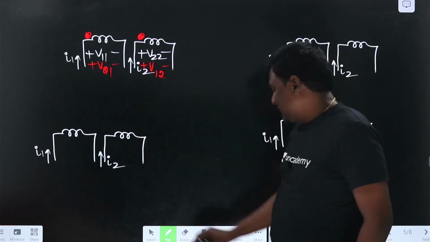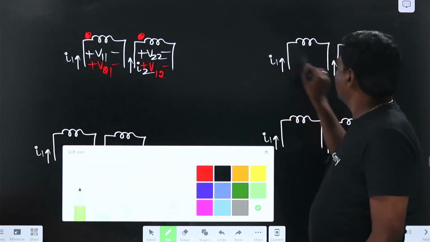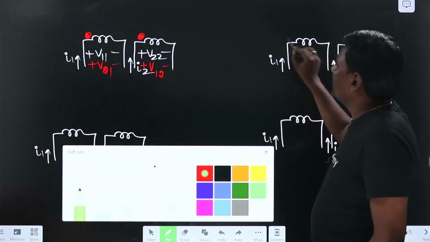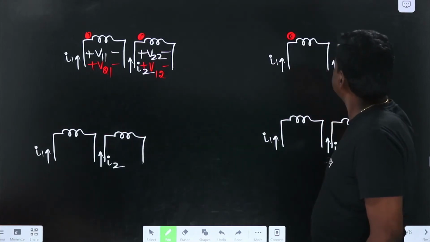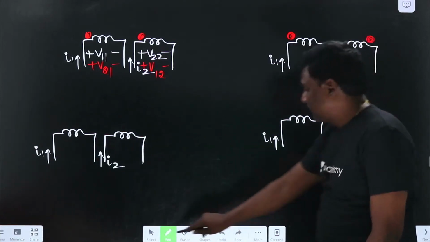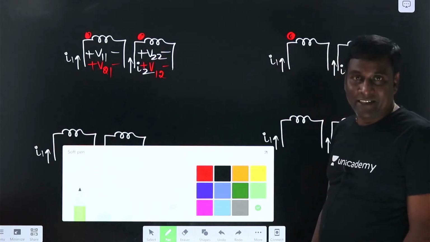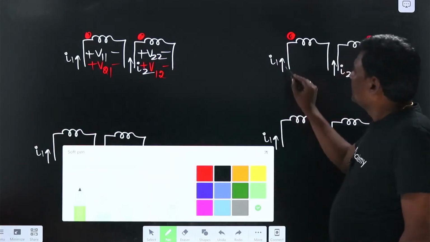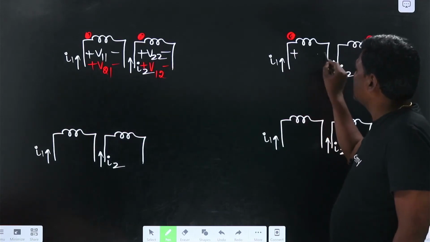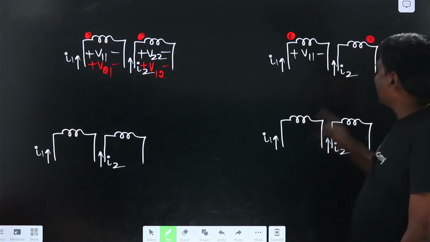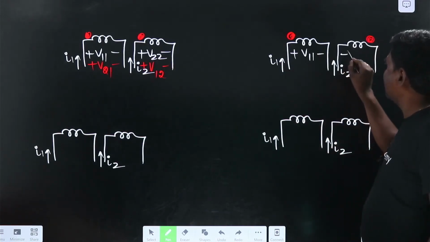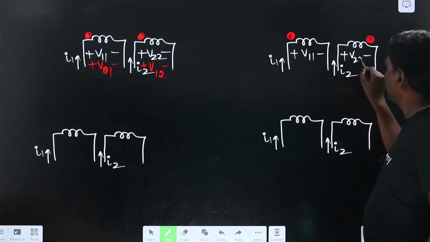Now in this case, I1 is here, I2 is here, and let me think of my dots being like this. We need not bother about the dots while defining self-inductance or self-induced voltage. My current is entering here, so it should be plus, minus V11. My current is entering here, so it should be V22.